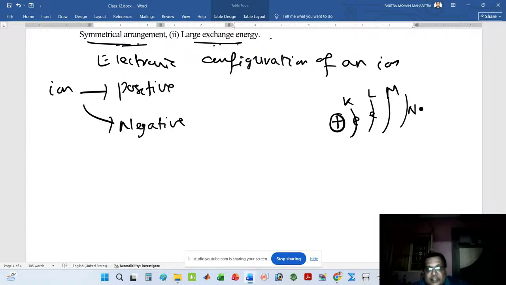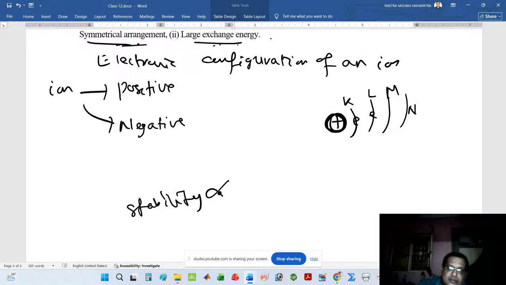The electron present near the nucleus is more stable. Try to understand, it has less energy but is more stable. Stability and energy are always inversely proportional to each other. If a species has more energy, it is more unstable. Less energy, more stable.